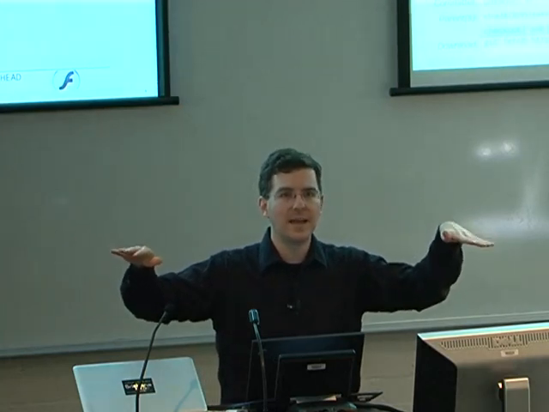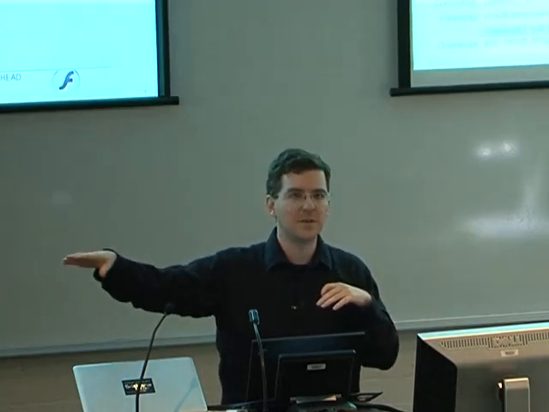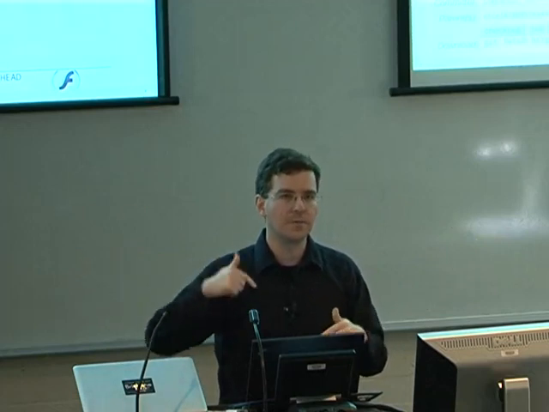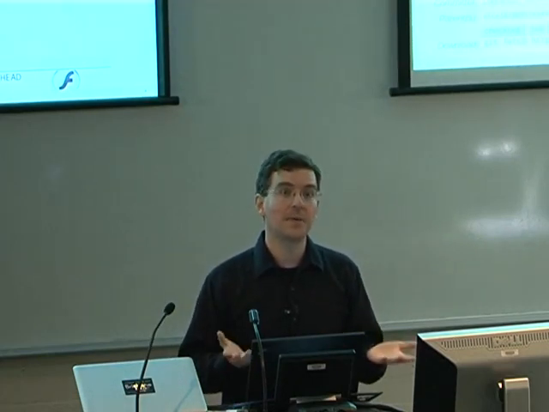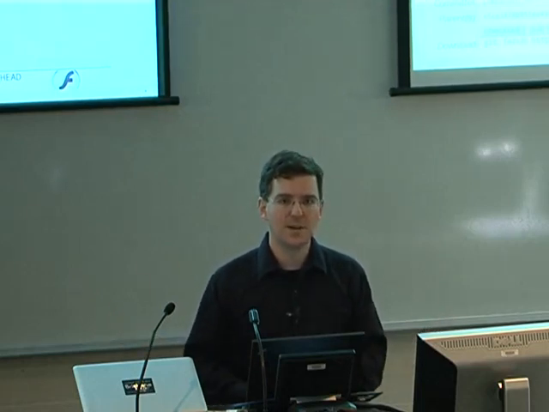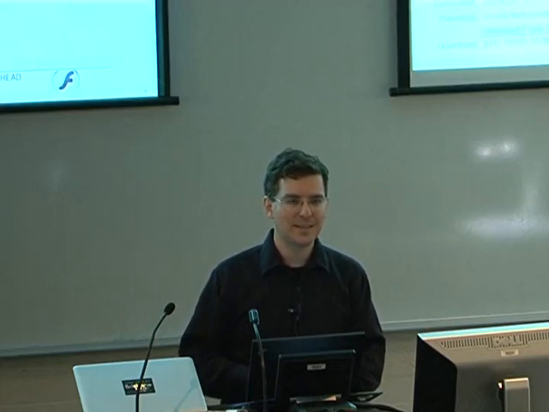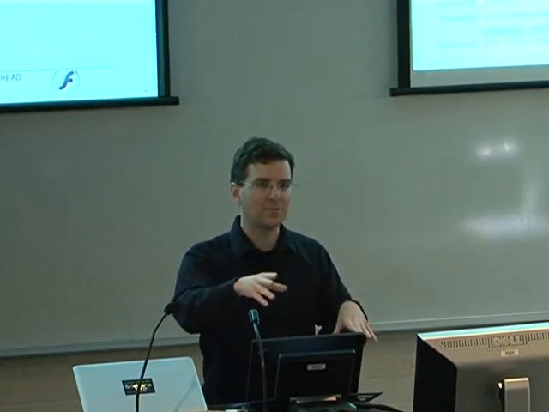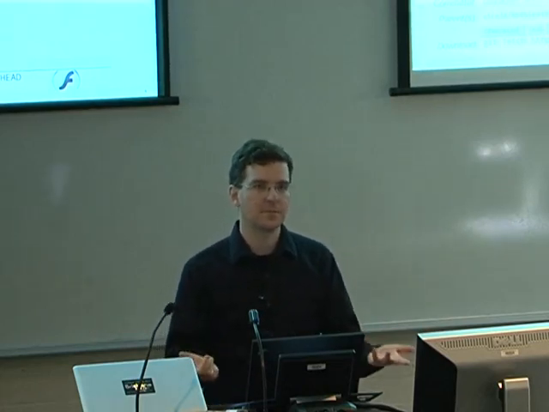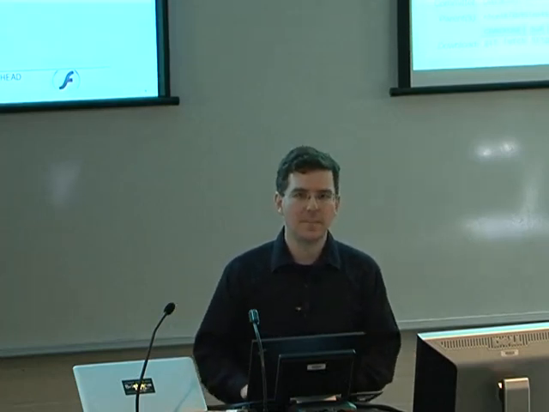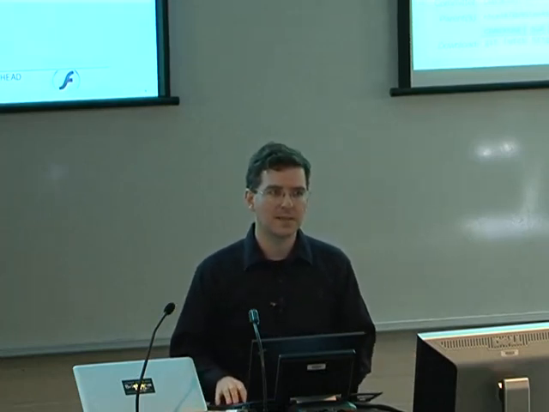Gearman knows all of the machines that can run that job, and it dispatches it to one of them and then reports the results back, which of course is exactly what we need with Jenkins. Jenkins has lots of slaves that can run jobs for us, and we need to get jobs dispatched to those slaves and then have their results reported back. So that kind of integration with Gearman makes a lot of sense.